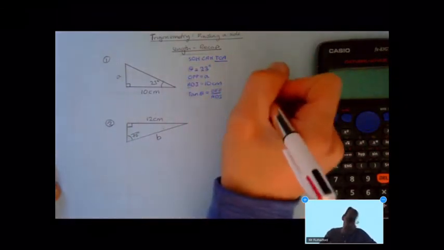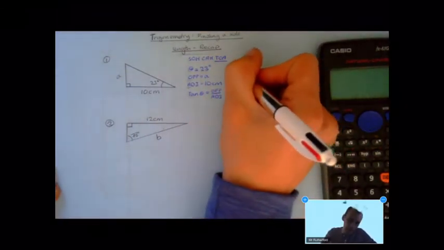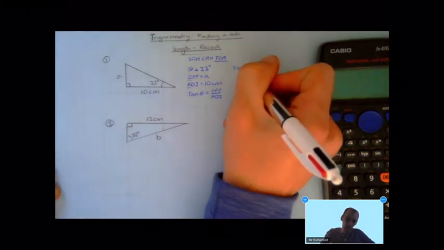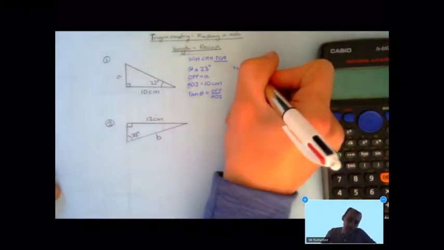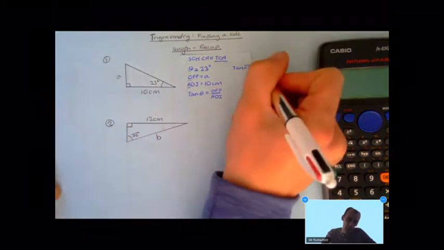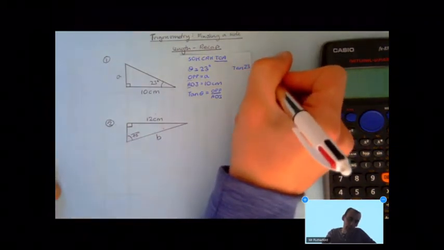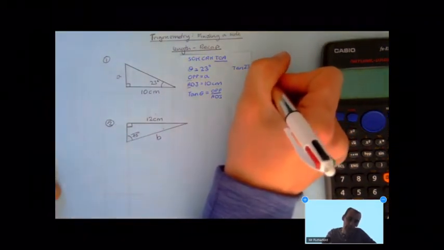We can then substitute our values in. So we can say that tan of 23 is equal to A over 10.